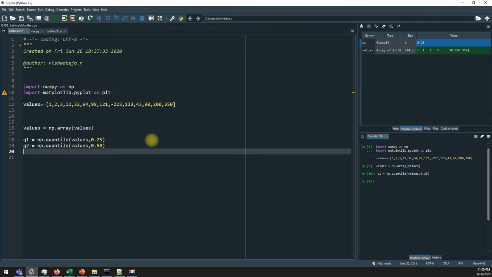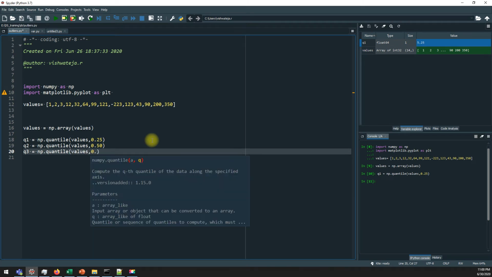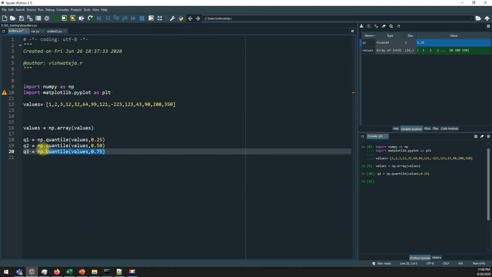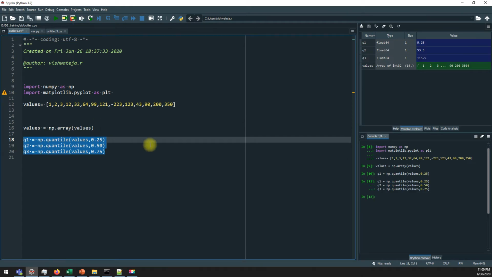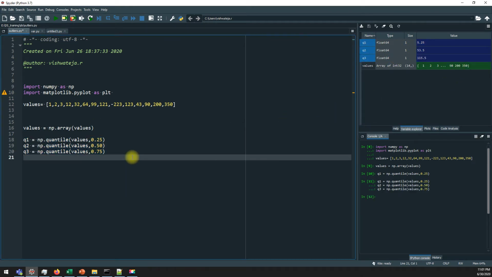And I need to find the Q3. Quantile values, comma, 0.75, which is the 75th percentile. Let me run this. So I find my Q1, Q2 and Q3.